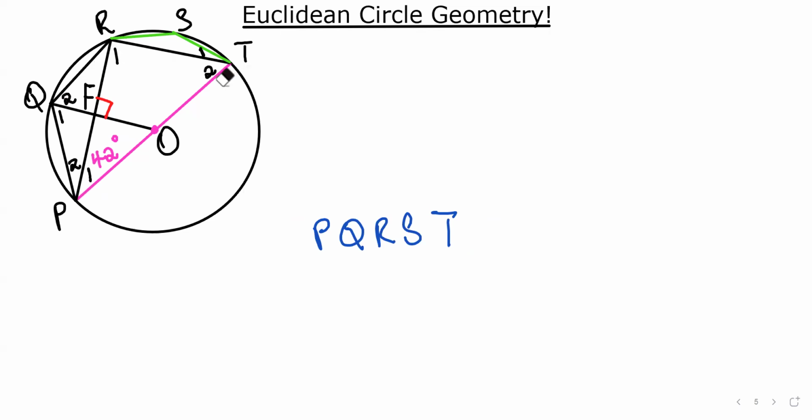Okay, yes, you may go ahead. And there's also a semicircle, which is PRT. PRT is a semicircle. So what do you know about a semicircle? So R1 basically has an angle of 90 degrees. Which angle is that? R1. Angle R1 is 90 degrees, okay?